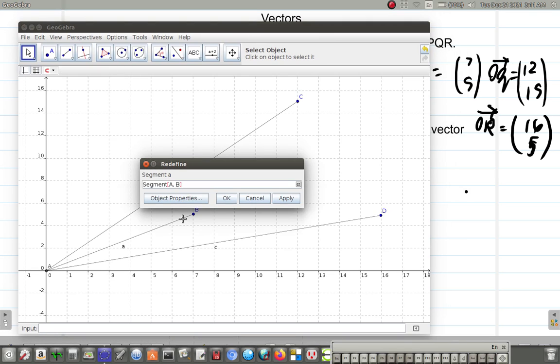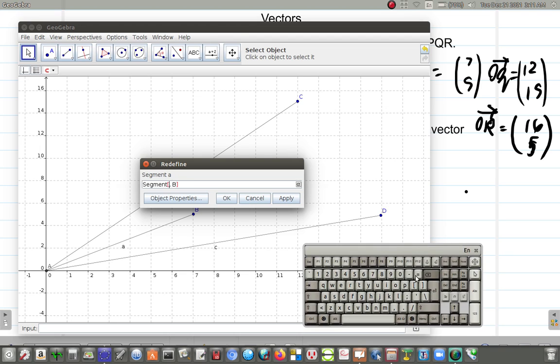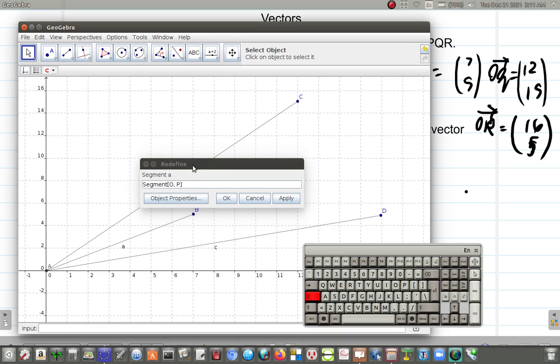In fact, let me change the letters on this. This line segment, we call it OP. It doesn't allow us to rename it like that.